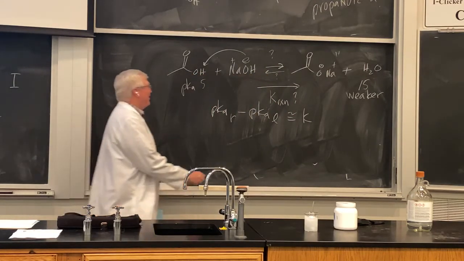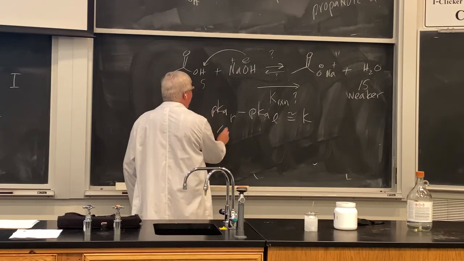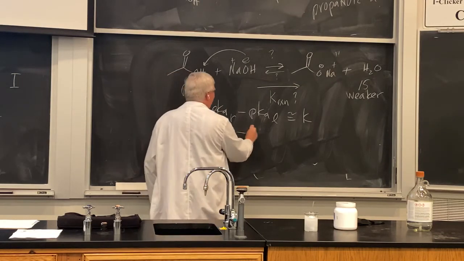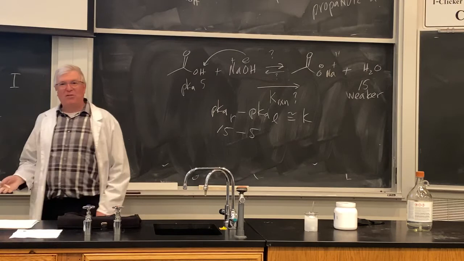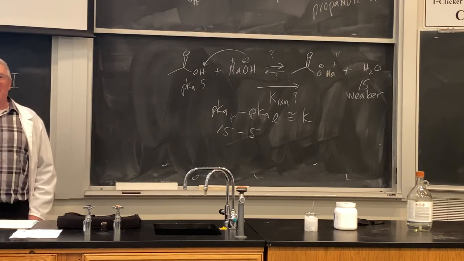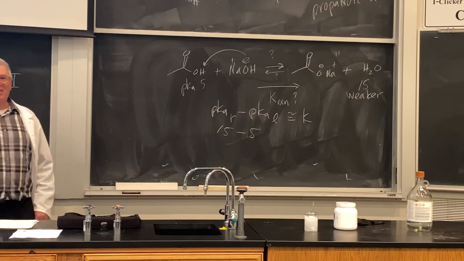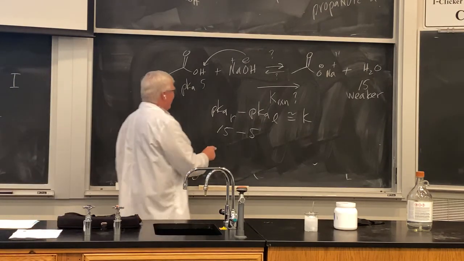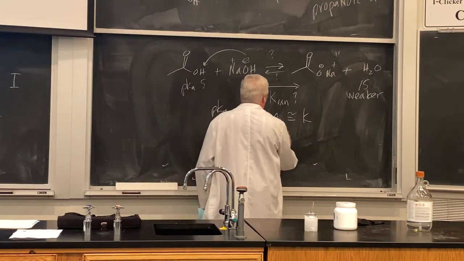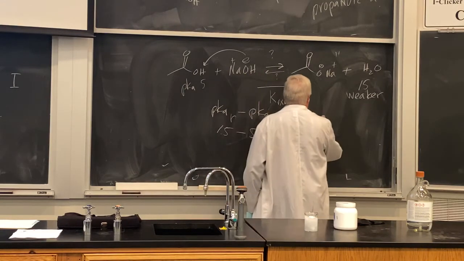So let's see, what does this look like? The one on the right is 15, minus the one on the left, 5. Now you can go through the Henderson-Hasselbalch equation and derive this mathematically, but this is just a quick back of the envelope estimation of this equilibrium. So 15 minus 5 equals 10, and then you take 10 to that power.